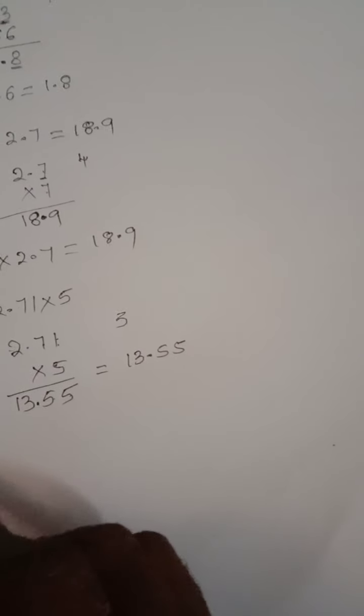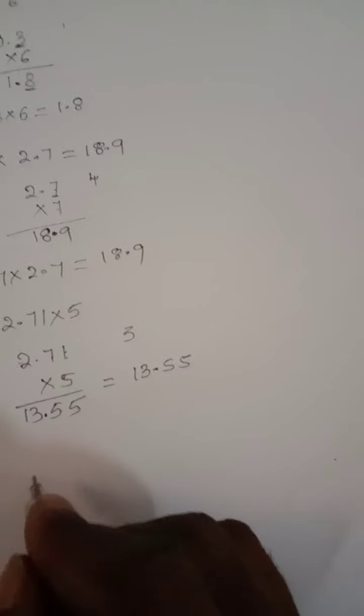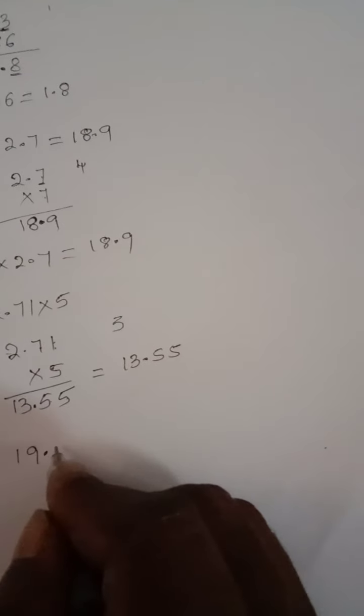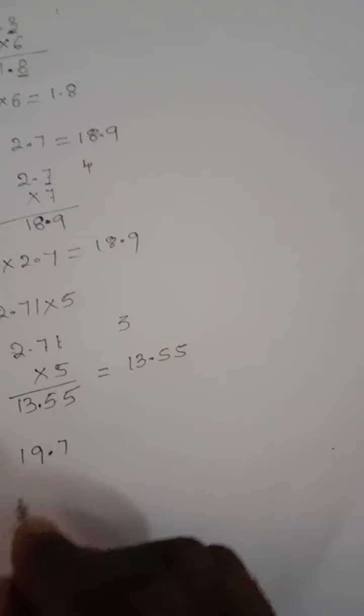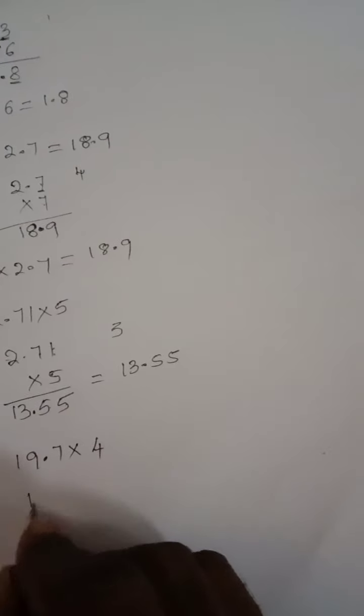Now the fourth one, 19.7 into 4. We can write it as 19.7 into 4.